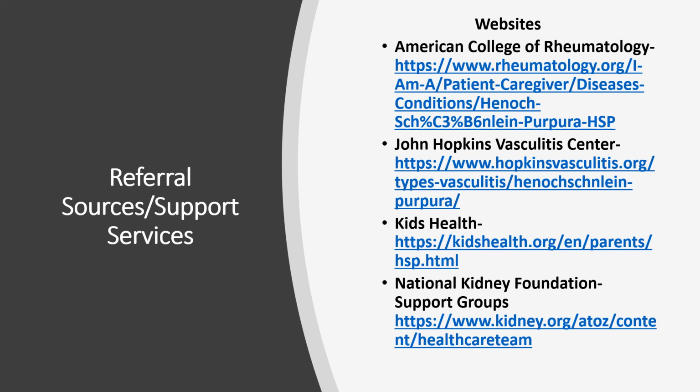The American College of Rheumatology, Johns Hopkins Vasculitis Center, and the Kids Health websites are all great websites. There are several others. The National Kidney Foundation actually has a support group for parents and patients who have children that have renal involvement due to HSP.